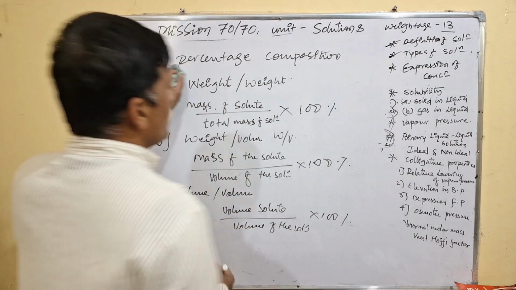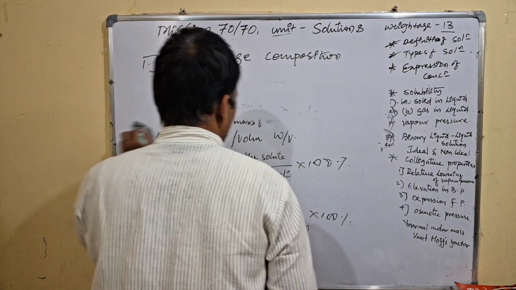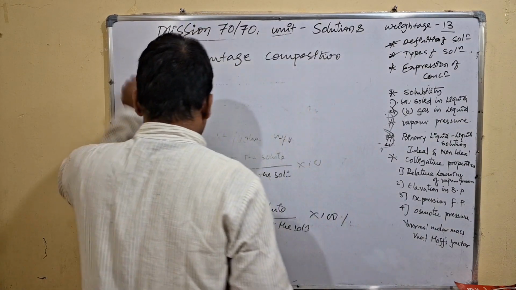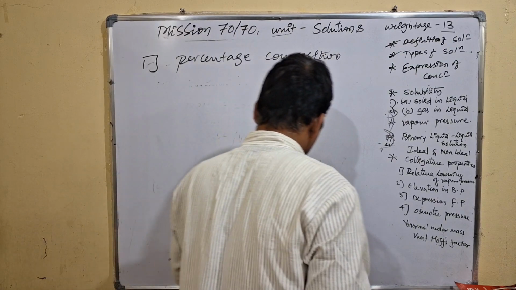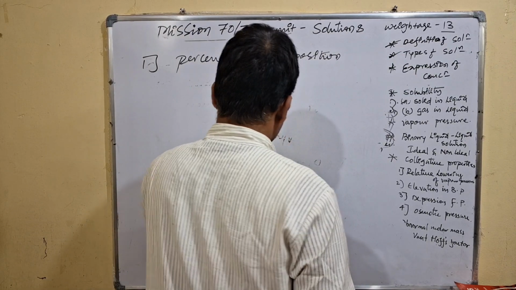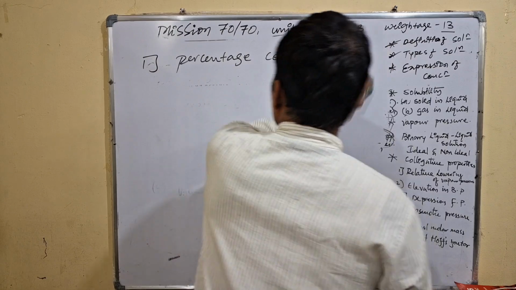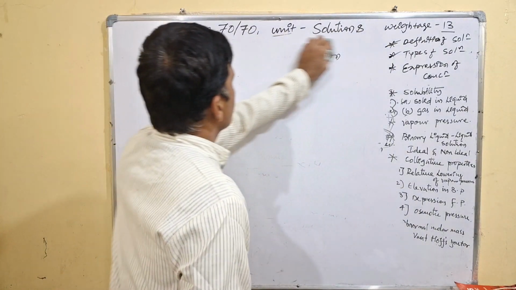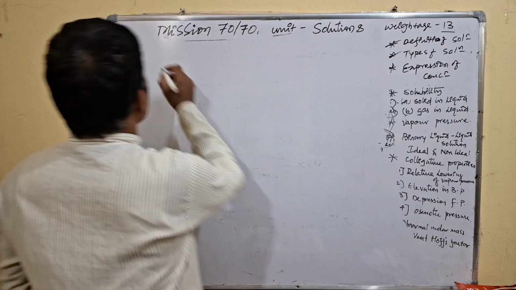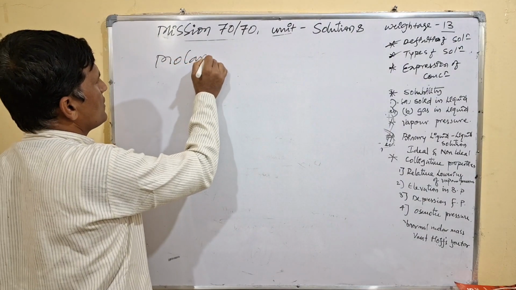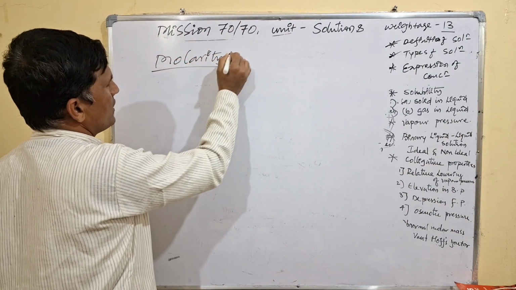Then the second unit we are going to use, an important one, is molarity. This is very important and used in chemistry.